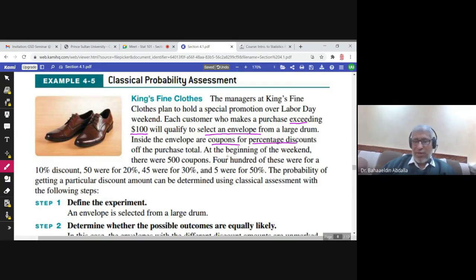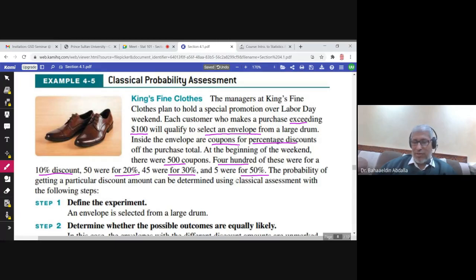At the beginning of the weekend, so nobody yet bought anything or picked any envelope, there were 500 coupons. 400 of these were for a 10% discount. 50 were for 20%, 45 for 30%, 5 were for 50%.